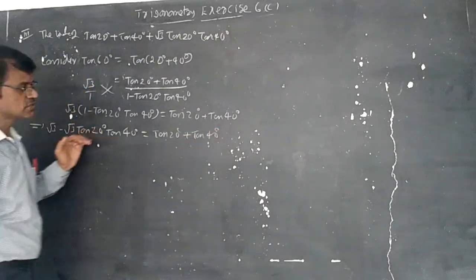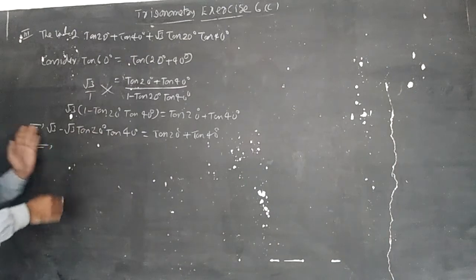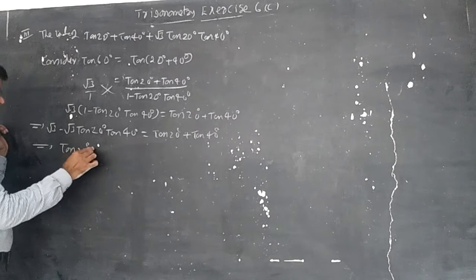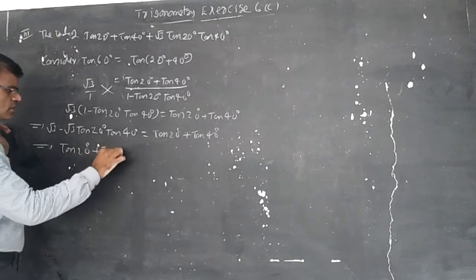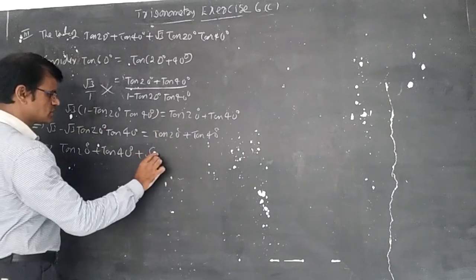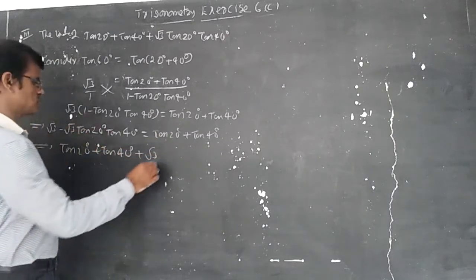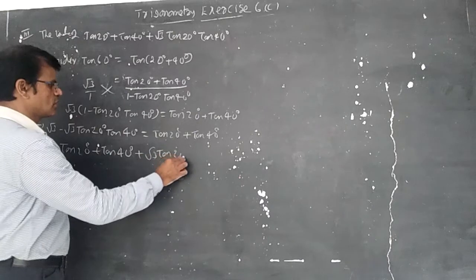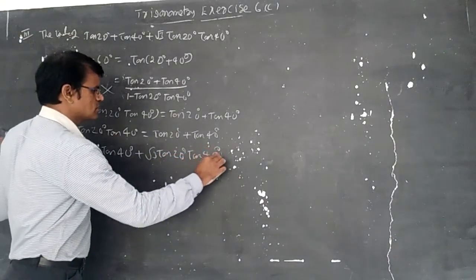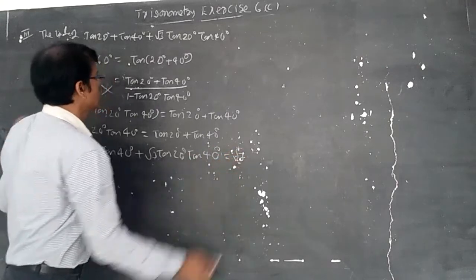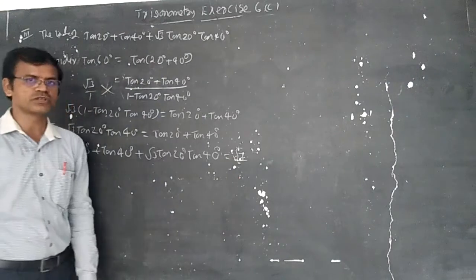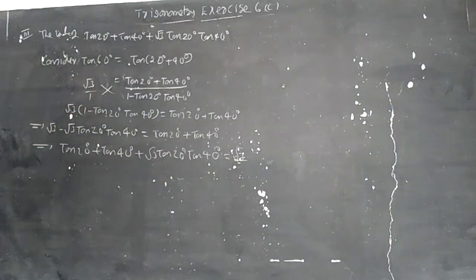That implies, taking this to this side, tan 20 degrees plus tan 40 degrees plus root 3 tan 20 into tan 40 degrees is equal to root 3. We got the value, root 3.